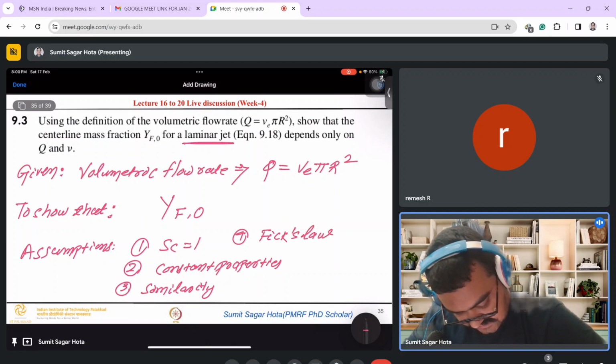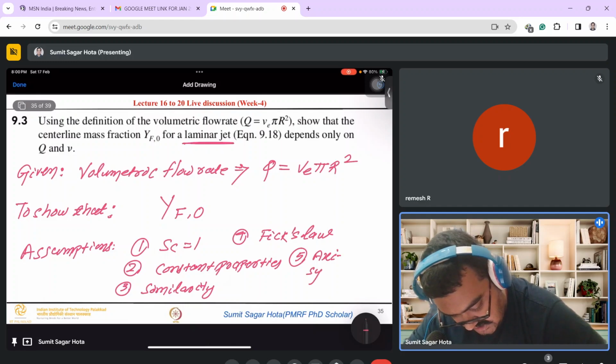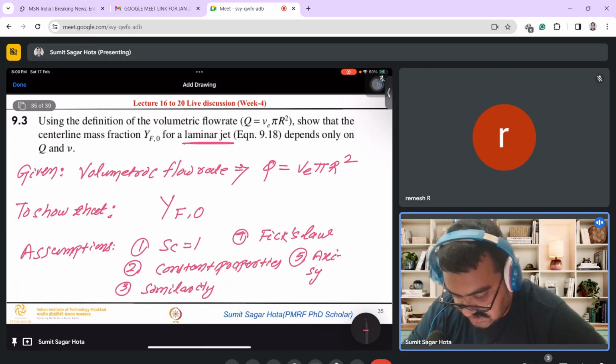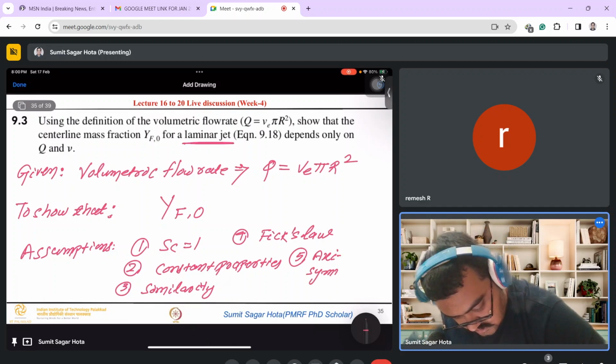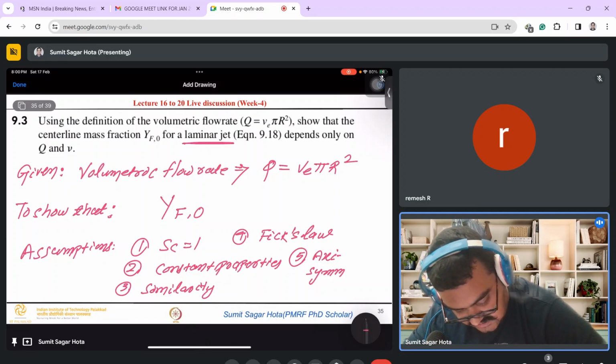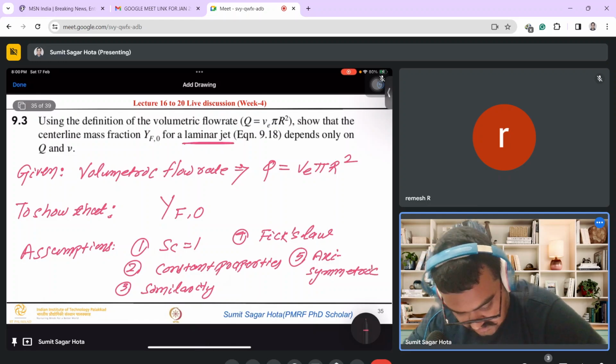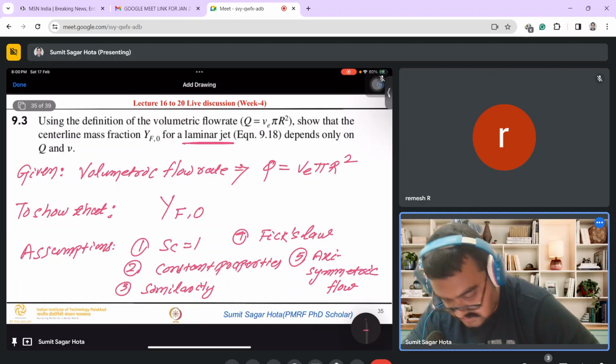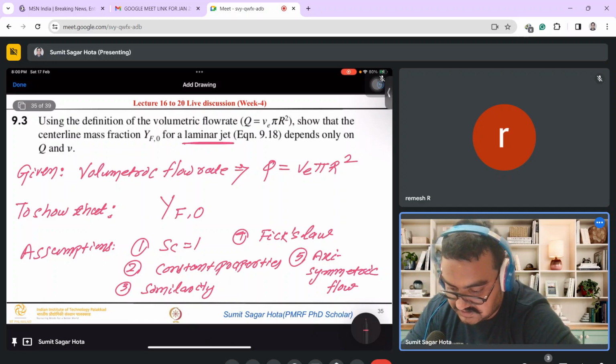Axisymmetric flow. These are some very good assumptions for diffusion flames. 99% of diffusion flames have this kind of assumption, at least in this syllabus.